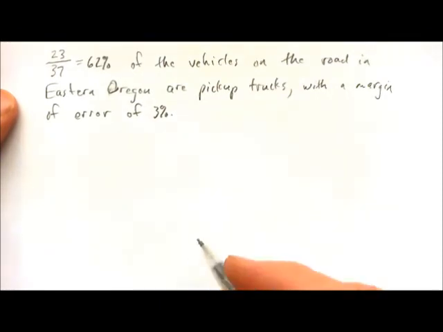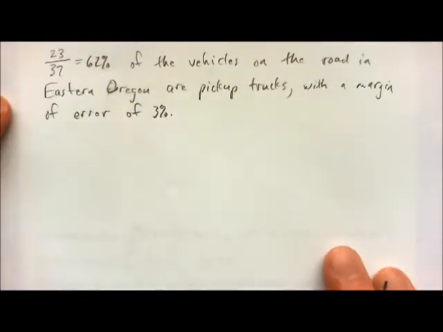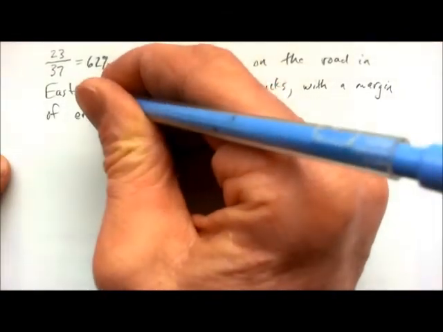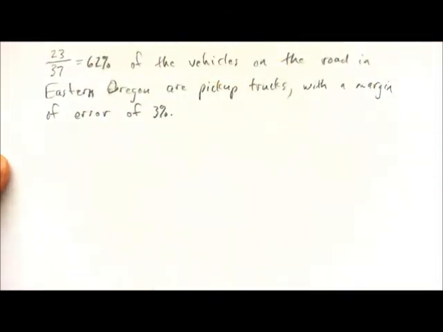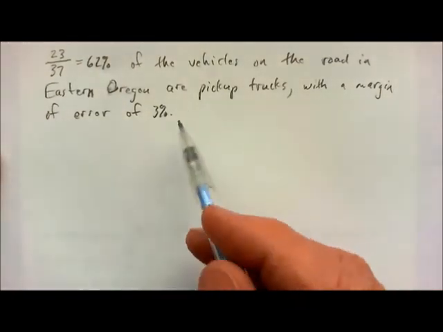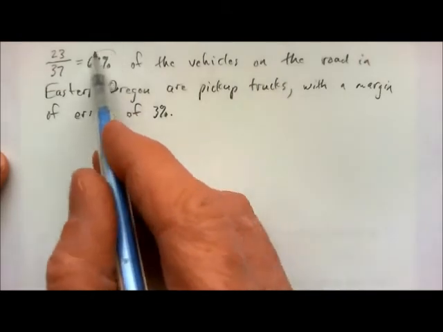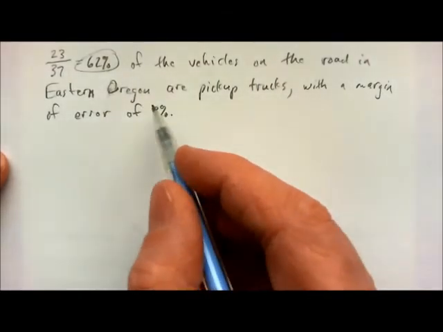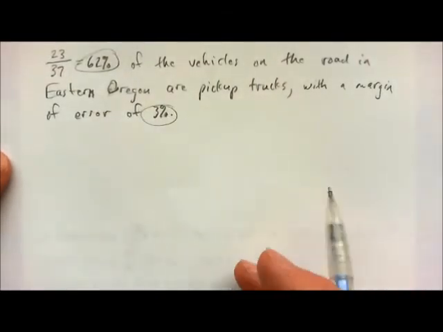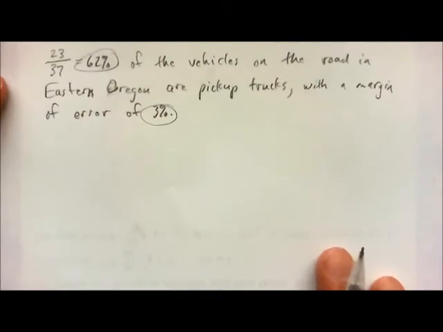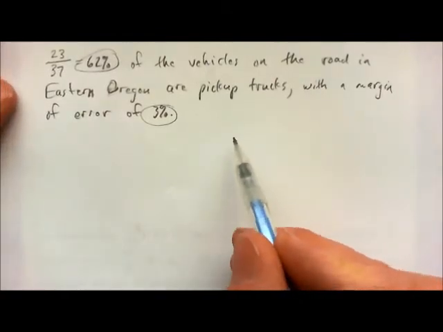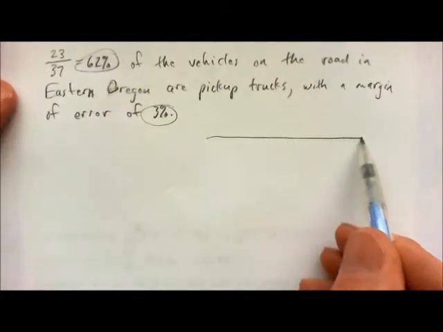I have no idea whether those are reasonable or not, although Eastern Oregon is fairly rural. There are many, many ranchers and farmers out there, so we would expect to see a lot of pickup trucks. But the point I want to make is this. So we have the 62%, which is our point estimate, and we have the 3%, which is the margin of error. So let's figure out what our interval estimate is.